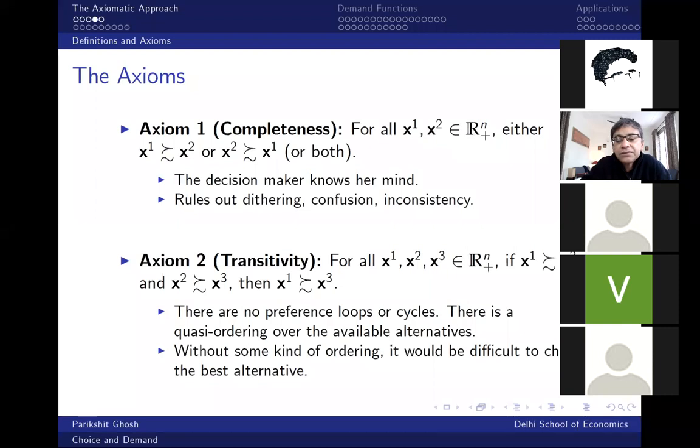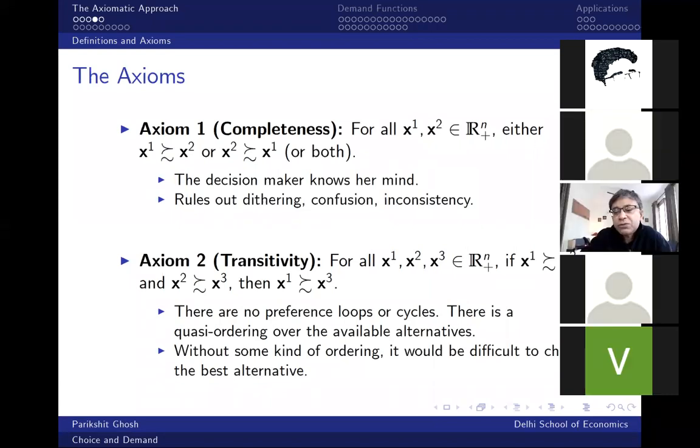Sir, what I wanted to ask was, when you say or both, does that not mean confusion? Like when the consumer doesn't know what to choose, when she's indifferent between the 2? That's not confusion, right? That's right. That's just indifference. That's the consumer telling us that I don't care.